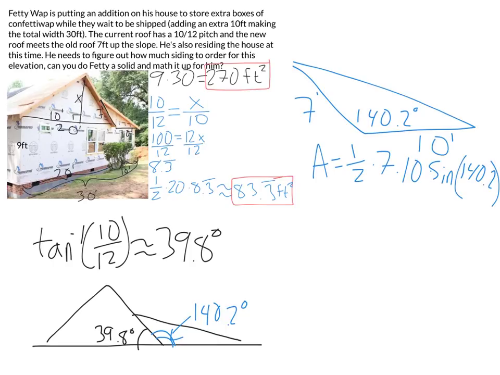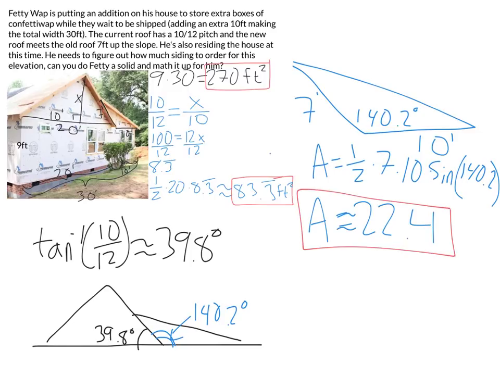Let's plug all that in our calculator. Love just clicking around in this bad boy. Once I've mathed it out, I end up getting area equals 22.4 approximately. And that is our third and final piece of the puzzle.